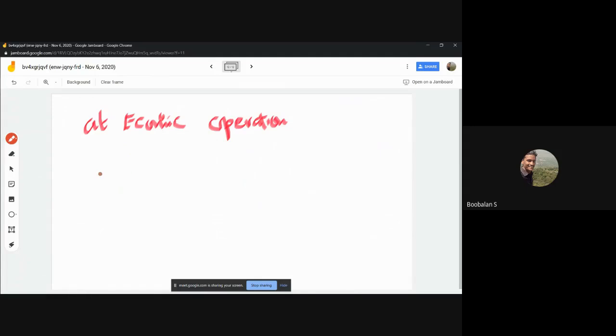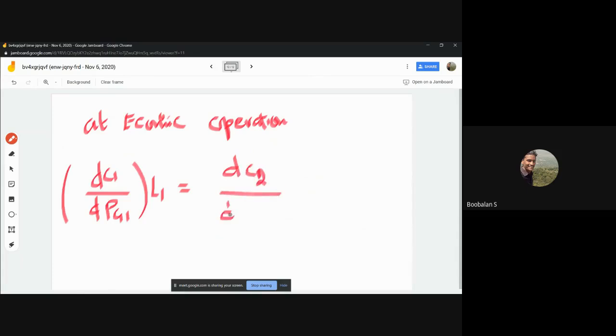For economic operation, the fuel incremental cost, we have incremental costs for two systems: dC1 by dPG1, the incremental cost, with its penalty factor L1, is equal to the second generator, dC2 by dPG2, with penalty factor L2, and both are equal to lambda.